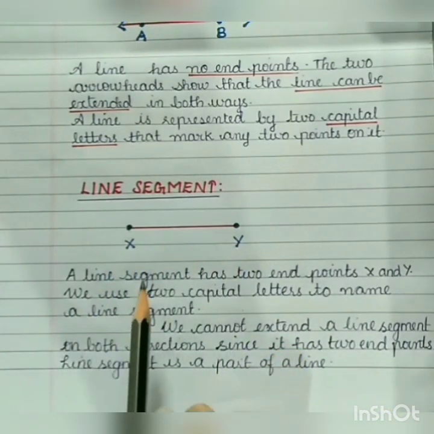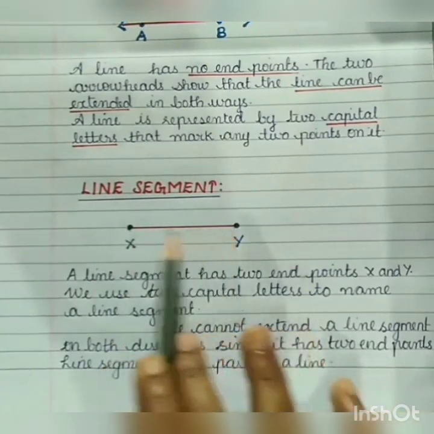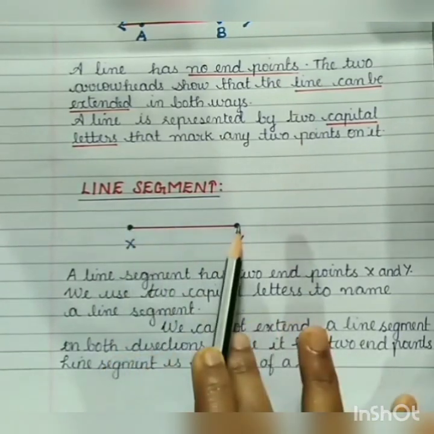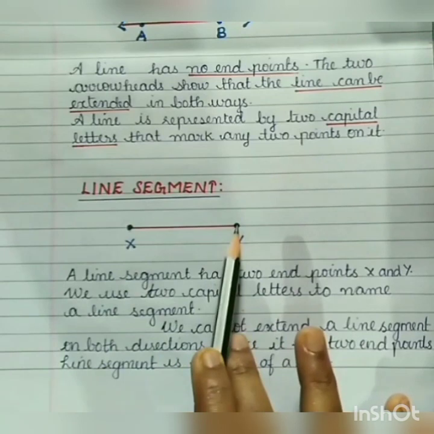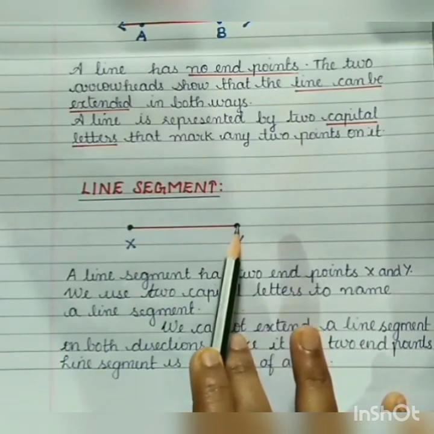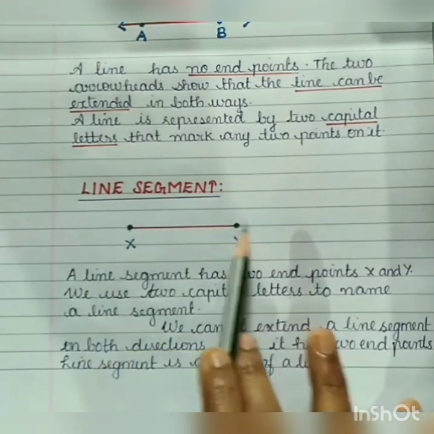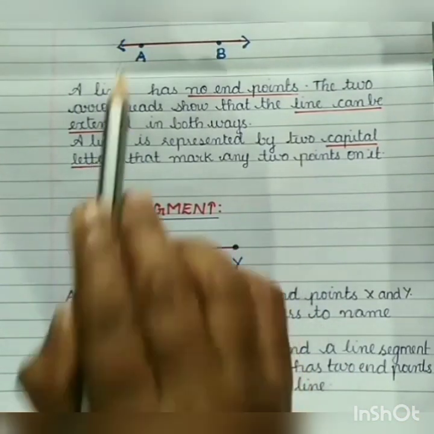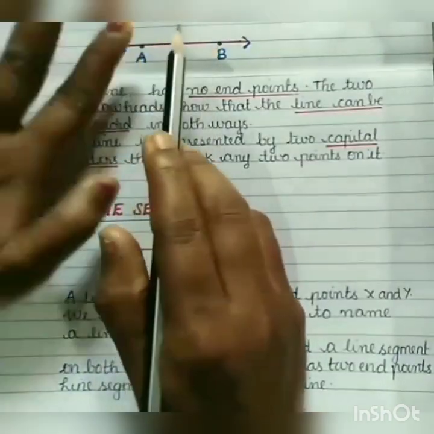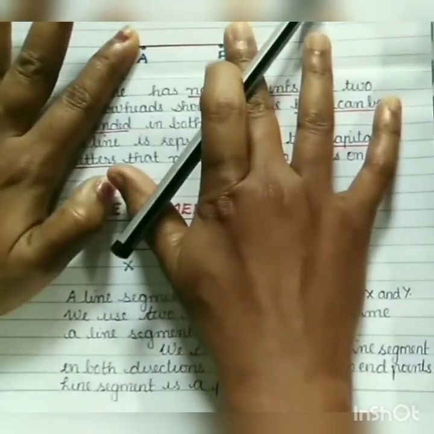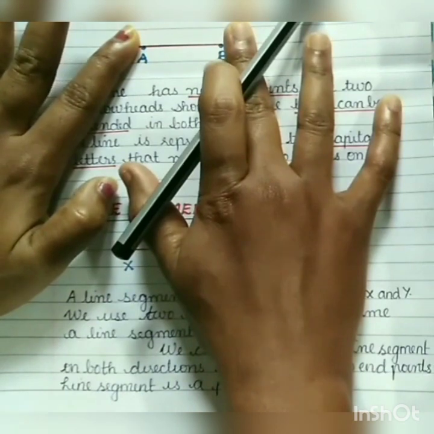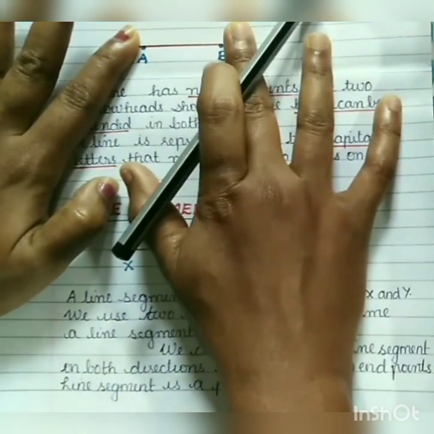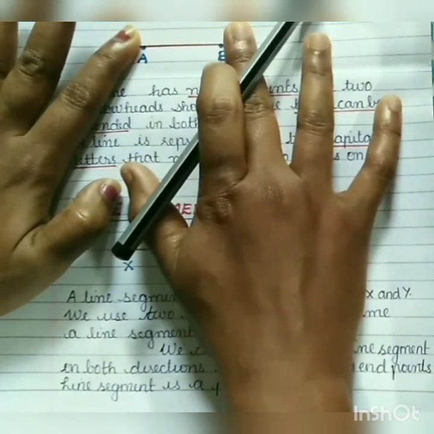Children, you should keep in mind that since a line segment has 2 endpoints, we cannot extend this line segment in both directions. We can also notice that a line segment is a part of a line. Can you see a line segment here? Yes, here we can see a line segment AB.